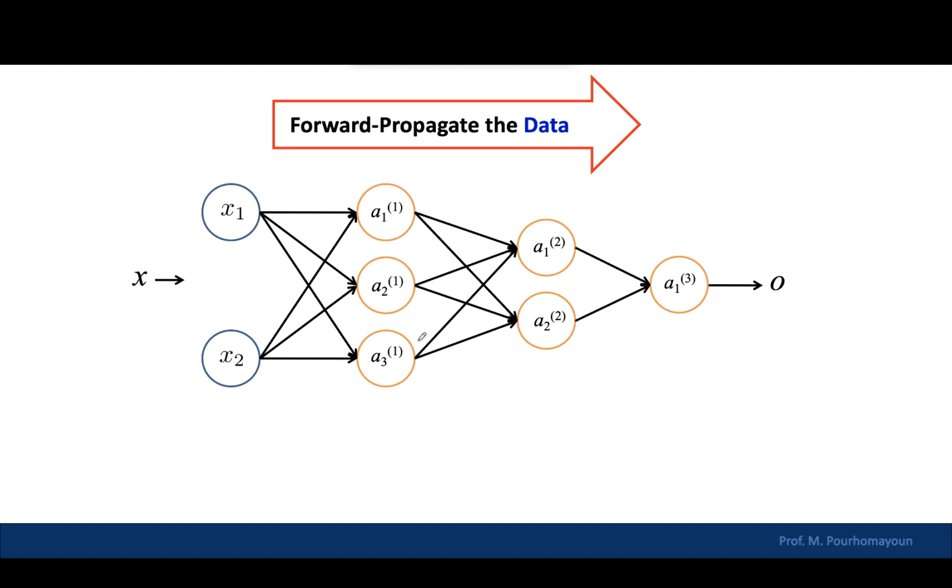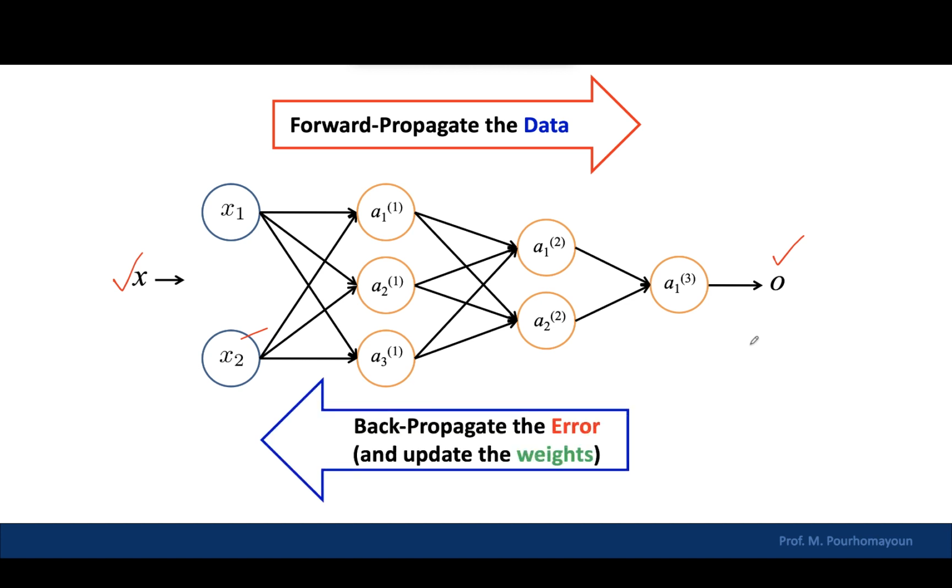This is called backpropagation. It includes two main steps. When I provide a training data to my network, I move forward to create output. I measure error, calculate gradient error, and then backpropagate the error into the network and update the weights.